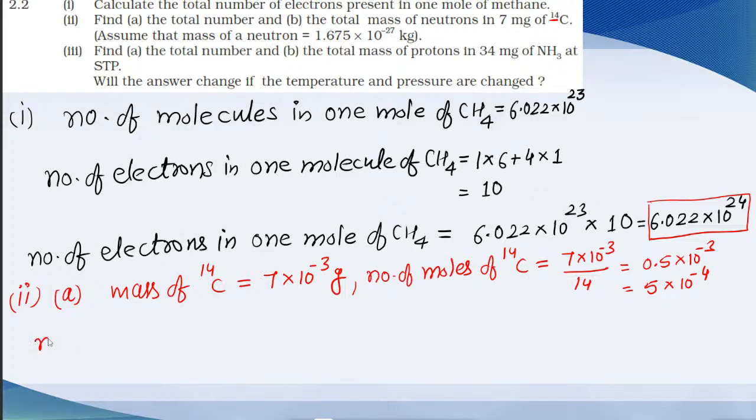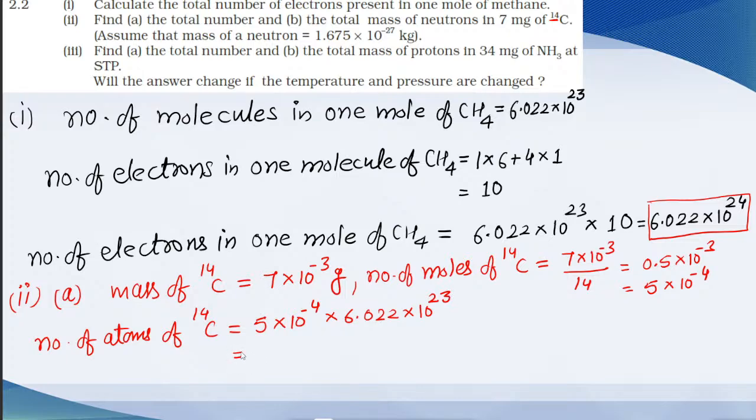So just calculate the number of atoms of C14. The moles are 5 into 10 raised to power minus 4, and in 1 mole there is Avogadro's number, just multiply them.